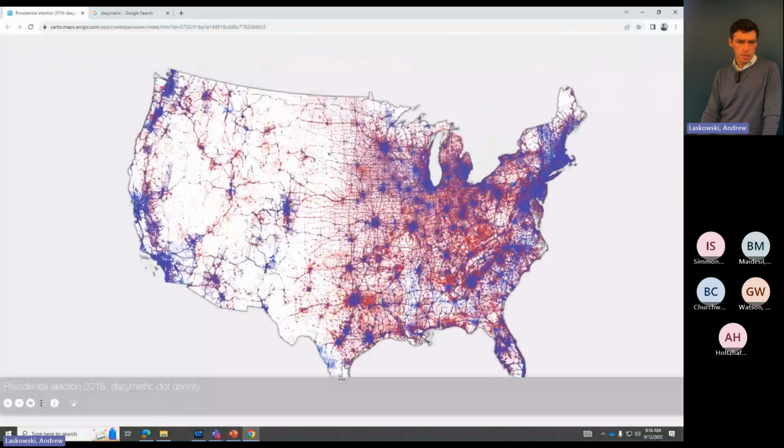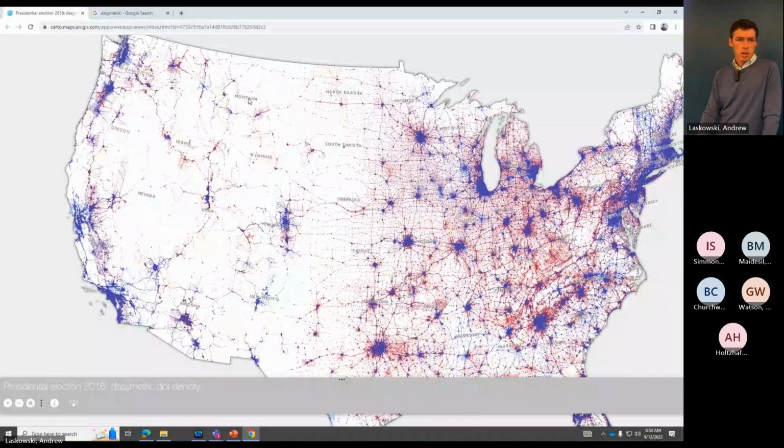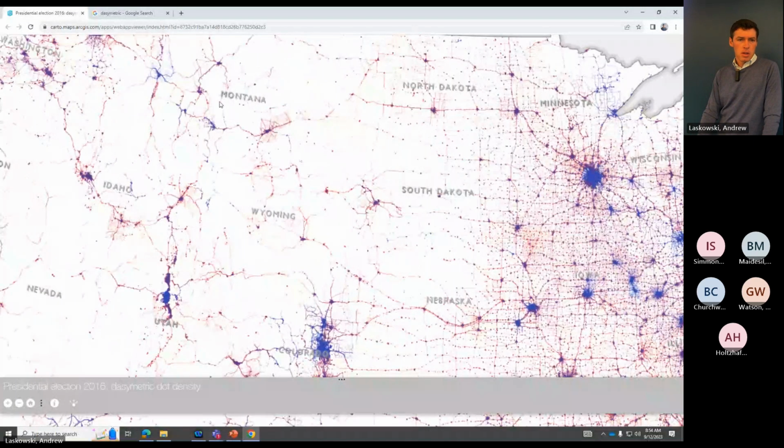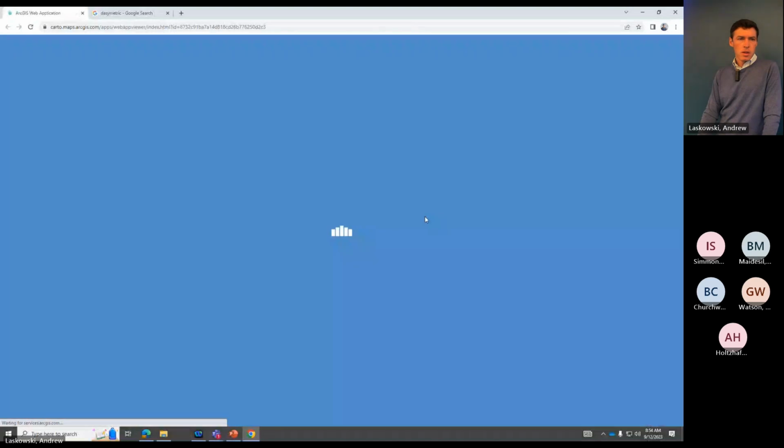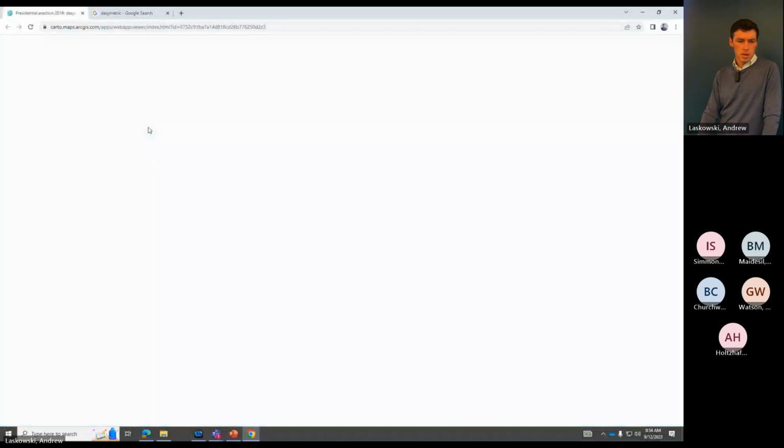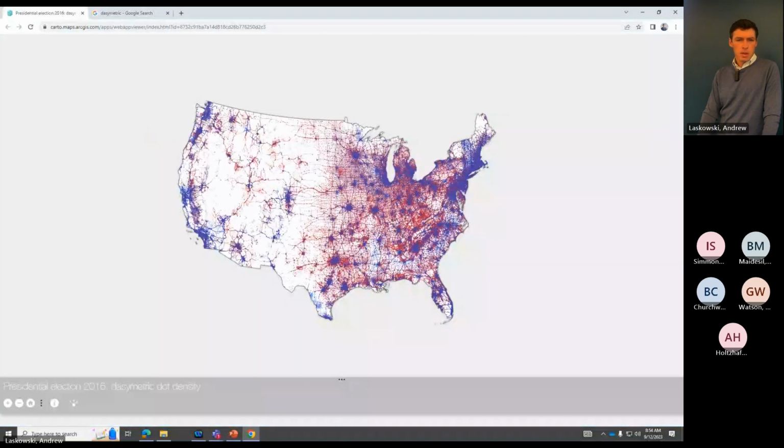Let me pull it up here. It doesn't really like me zooming around too much, so I'm just going to leave it at the max zoom level.